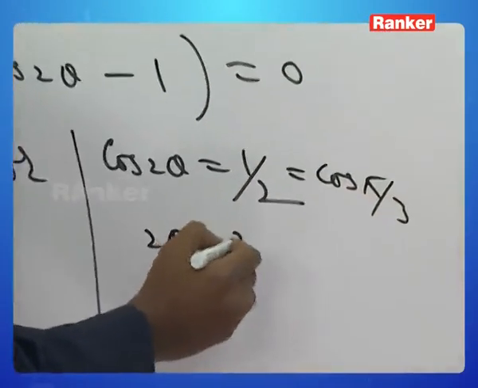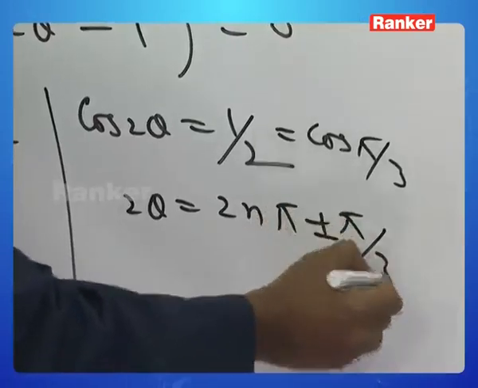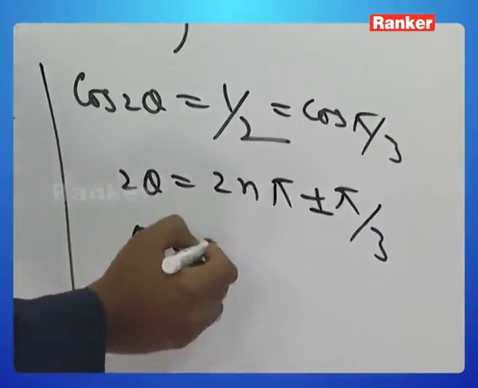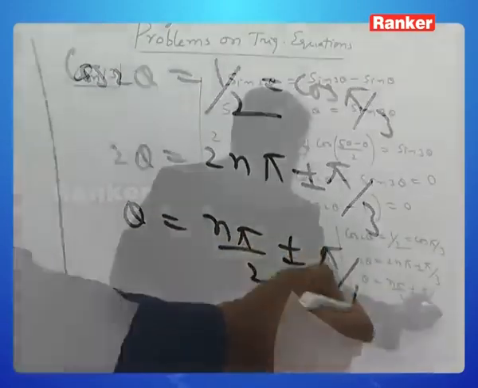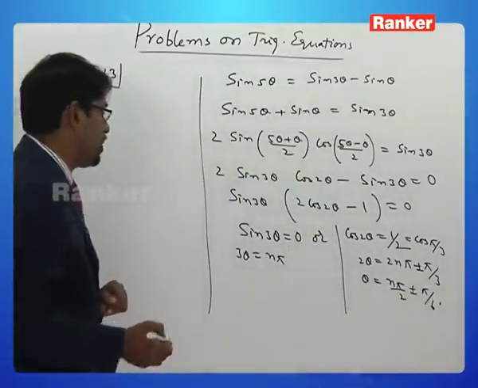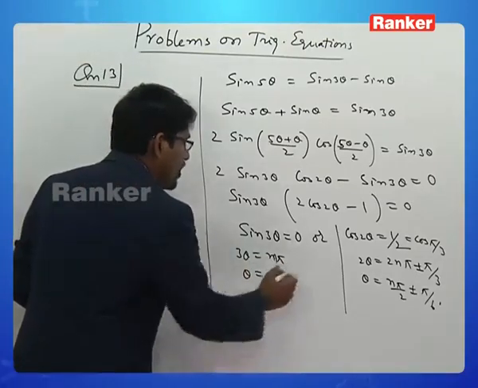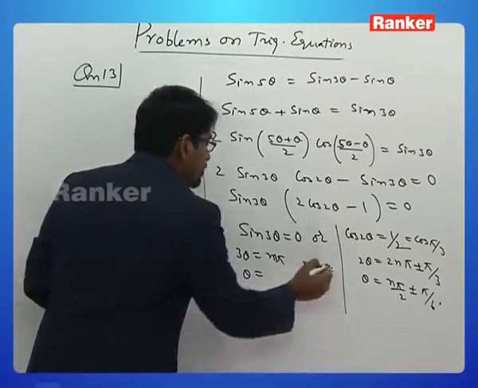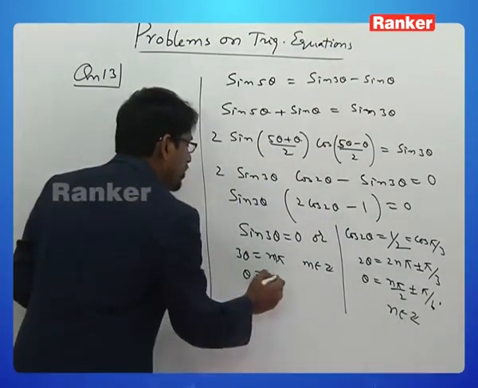So 2 theta should be equal to 2n pi plus or minus pi by 3. That's a general value. So theta will have to be equal to n pi by 2 plus or minus pi by 6. And here theta can be m pi by 3, with m any integer, and here n any integer.